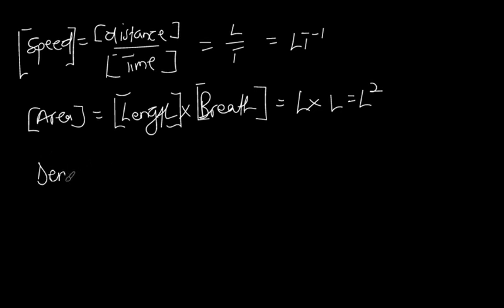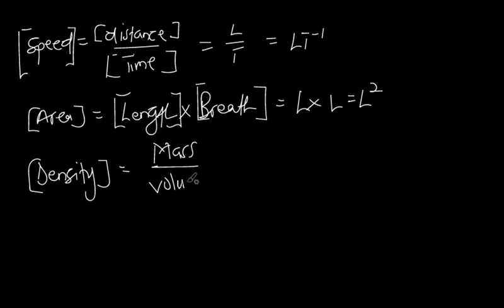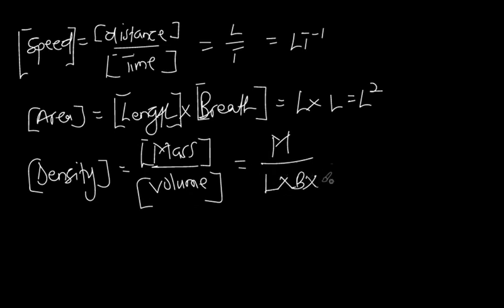Now let's have a look at another example. Density. Density is defined as mass over volume. Mass is capital M, divided by volume. Now the volume of a substance is the length times the breadth times the height, and they are all distances.